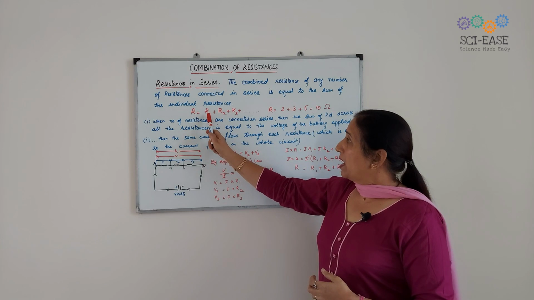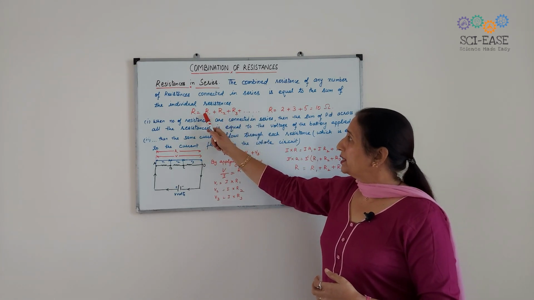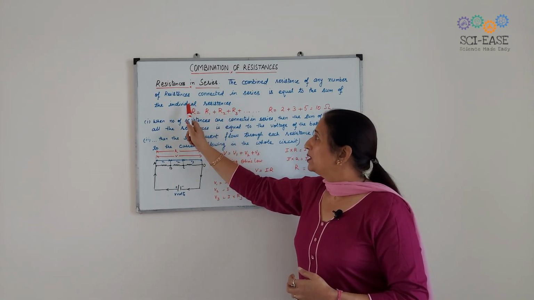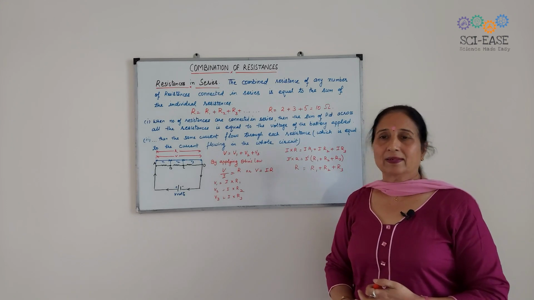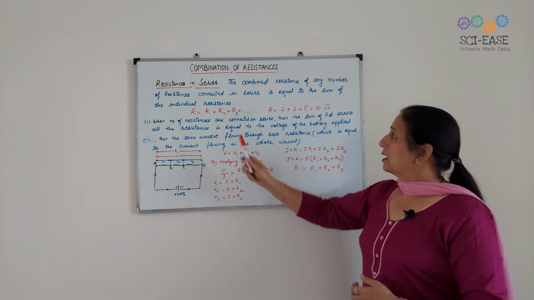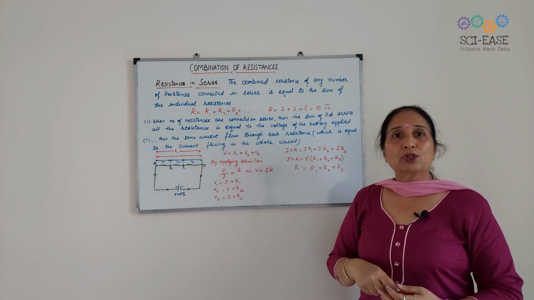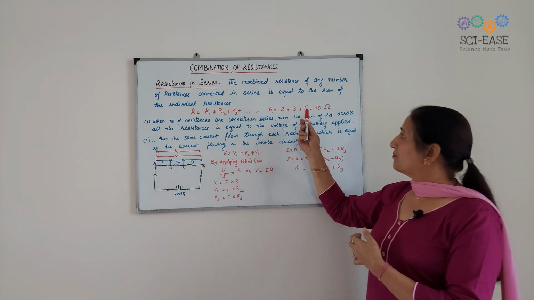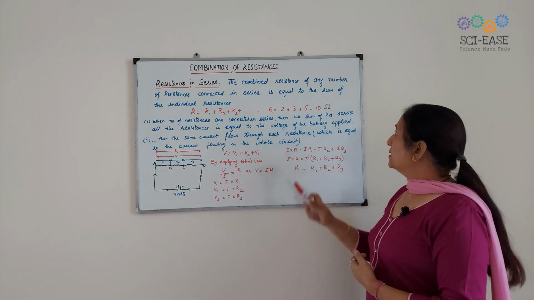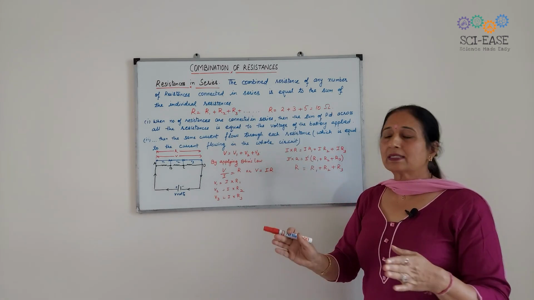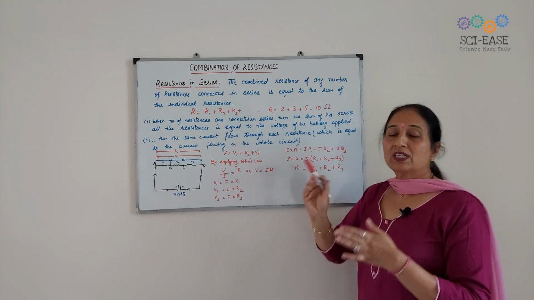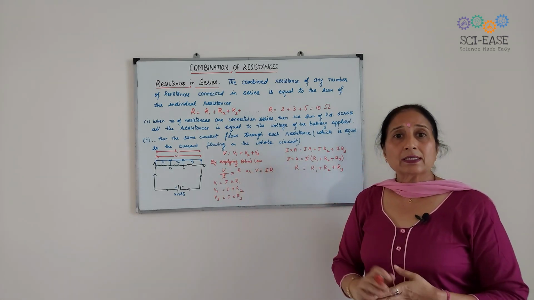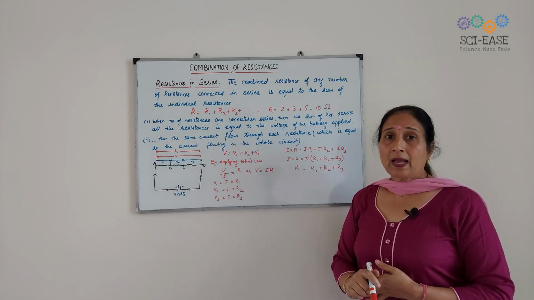So, if R1, R2, R3, and so on are the individual resistances, their sum will be equal to the resultant resistance R. Suppose the value of R1 is 2, R2 is 3 and R3 is 5 ohm. Then the total resultant resistance will be 10 ohm. We are just taking the sum. We can have 4, 5, and so on resistances connected in series.